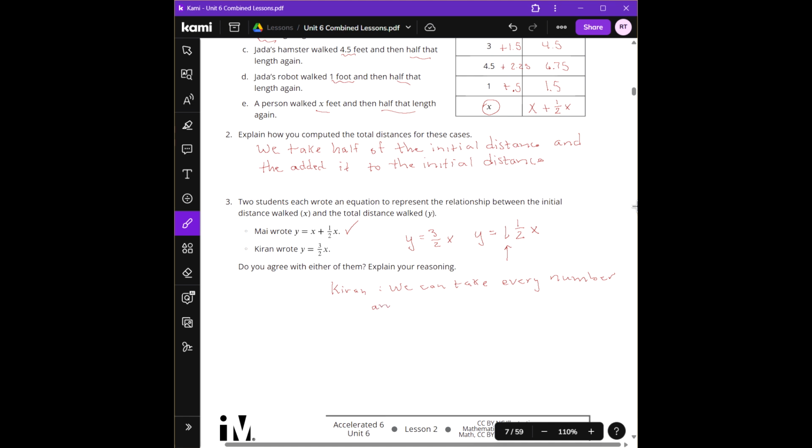Something I'm going to use a lot is plug it in or substitute, and get the other entry in the table.